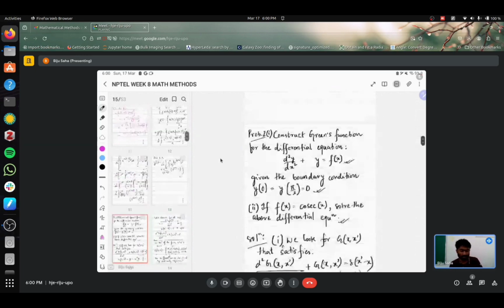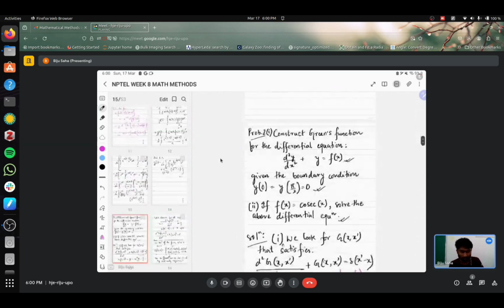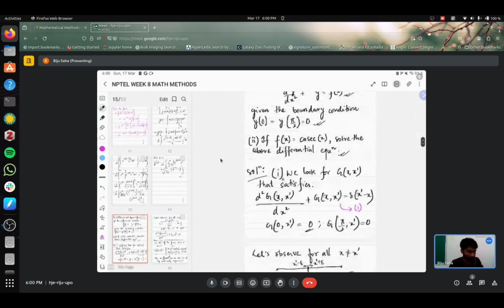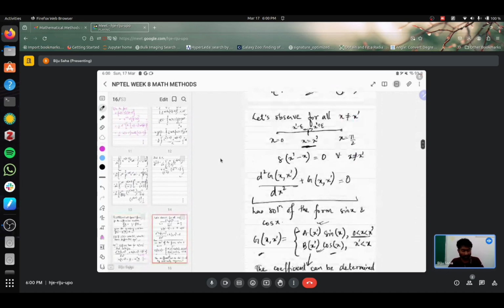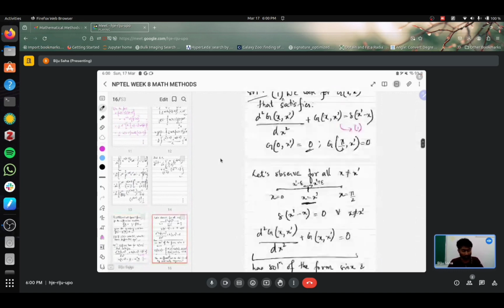The next method was, given the boundary condition, to construct the Green's function and also solve the differential equation. This approach was based on first obtaining the Green's function differential equation.